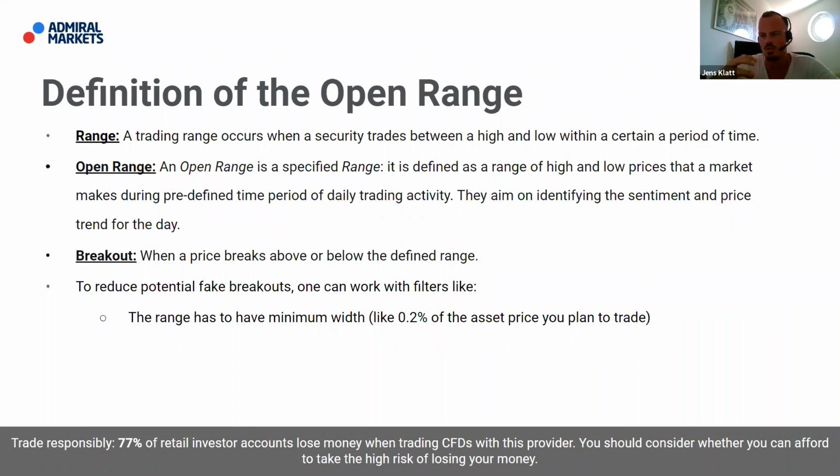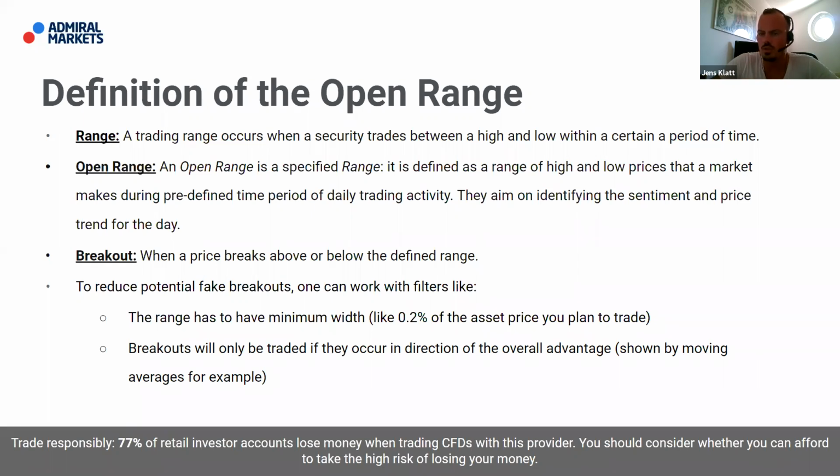It's not a real breakout driven by, for example, a comment from a central banker or a real fundamental driver, where you have a high likelihood that the market will strongly trend in the direction of the breakout. The market fakes out and trades back into the range, or if it breaks out, it just consolidates, probably slightly drifting, but it's not a strong move in the direction of the breakout and the pre-identified advantage. So this is one of the reasons for using such a minimum width, to avoid such periods of low volatility.